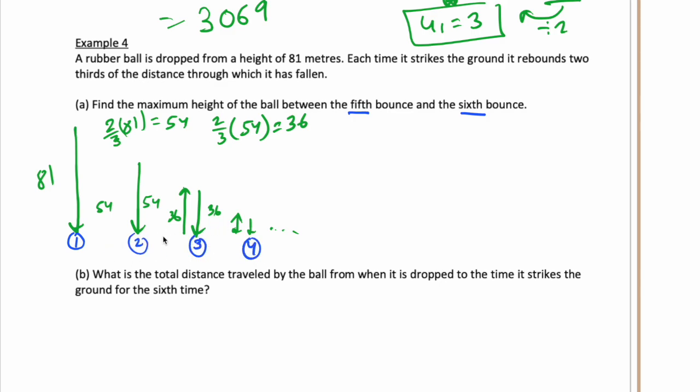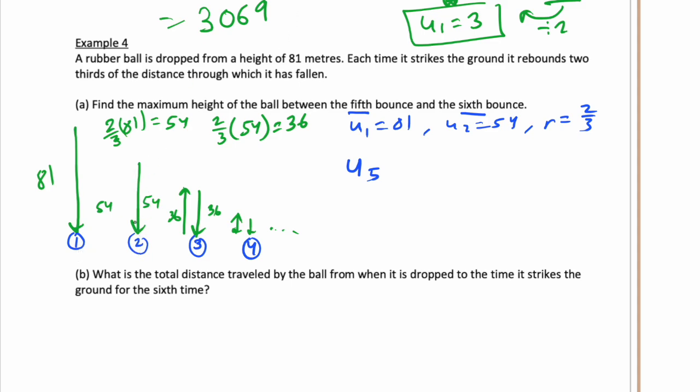So we'll just use the formula. We've got U1 equals 81, and then U2 equals 54, and so forth. So the R value is 2/3 because we're multiplying by 2/3 each time. So we just want U5, right? U2 would give us this height, which is the second bounce.